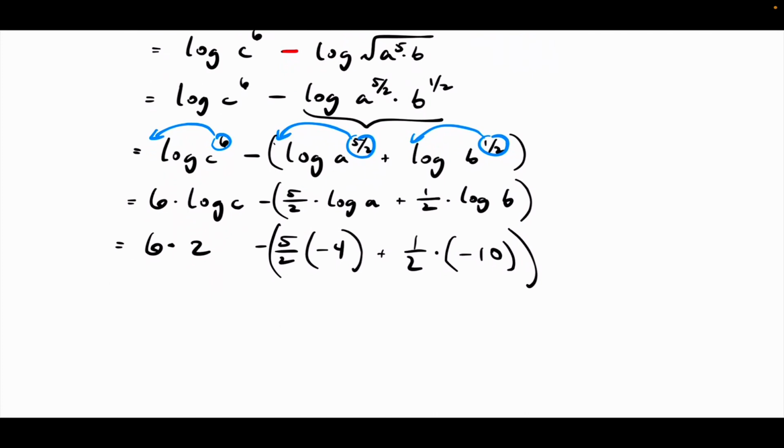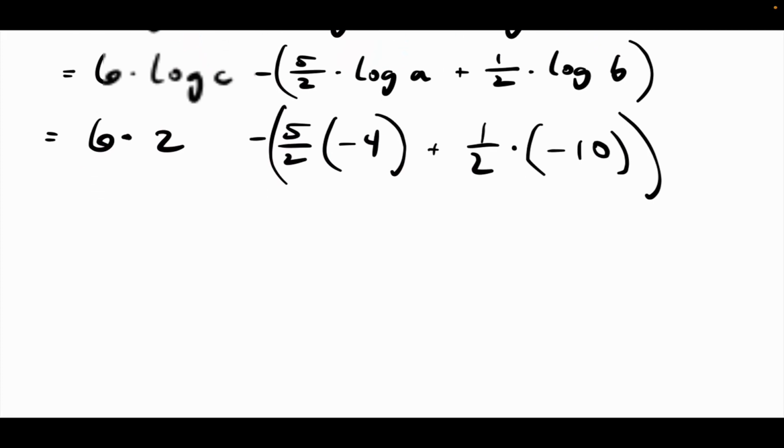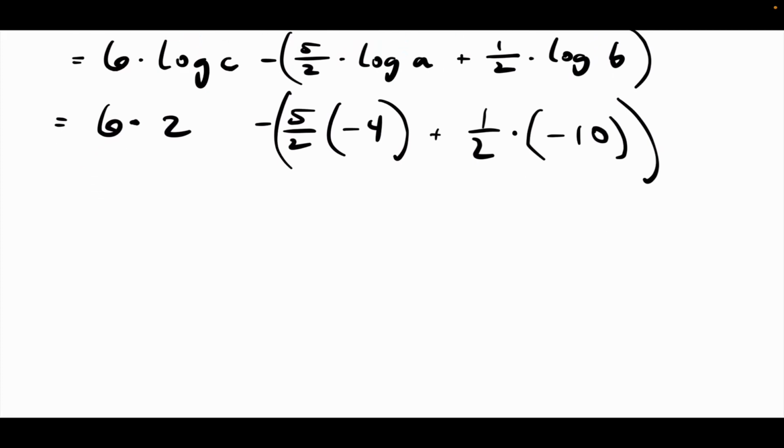PEMDAS now. Parentheses, exponents, multiplication, division. So I'm going to put these guys, since I'm multiplying by fractions, I'm going to put them over 1. 5 times -4 is -20. Divided by 2 is -10. One times -10 is -10. Divided by 2 is -5.